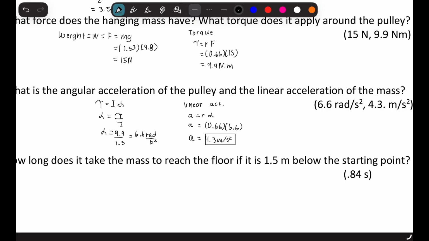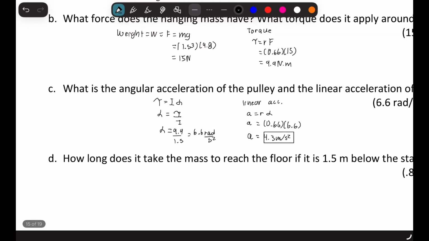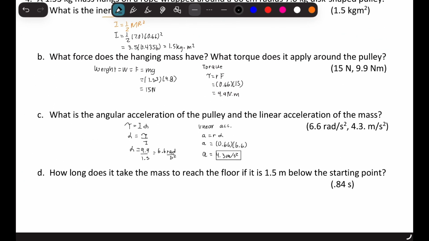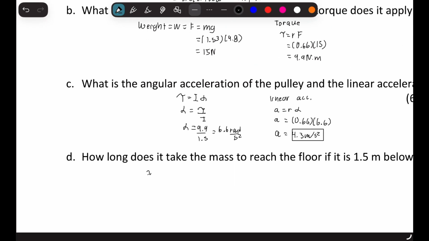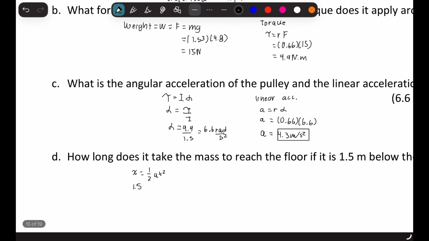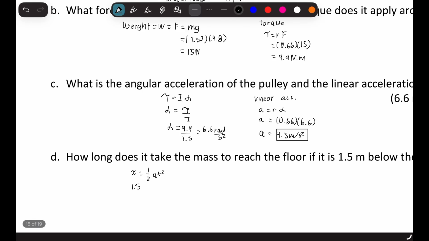Now, finally, how long does it take the mass to reach the floor if it is 1.5 meters below the starting point? So we can use the kinematics equation in translational, which is 1/2 a t squared. So that's going to be equal to 1.5. So your displacement is 1.5. 1/2, and then your acceleration is going to be equal to 4.3.